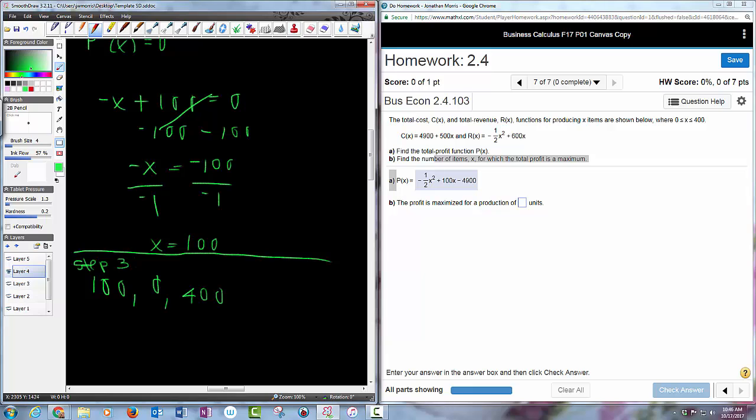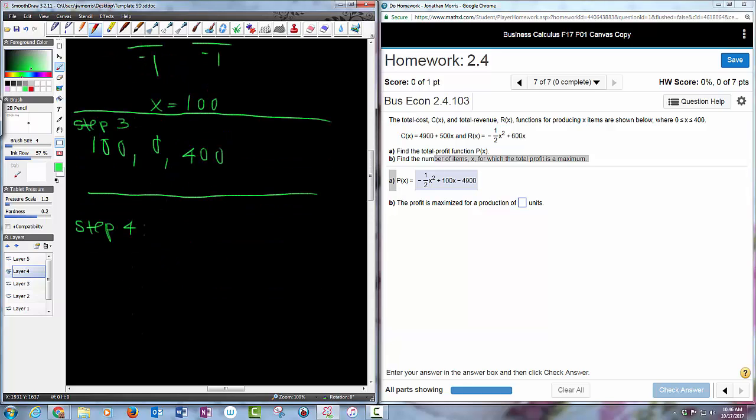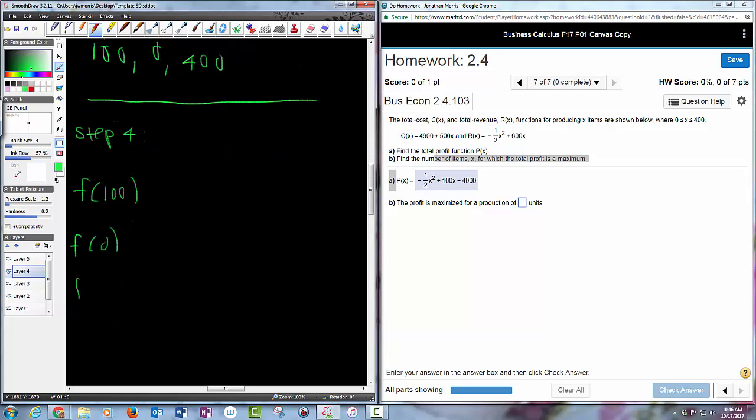Step 4 is to evaluate. So we're going to find what f of 100 is, and f of 0, and f of 400. I'm going to fill out the first one for you. Excuse me, I'm used to saying f of, it's actually P of, because our profit function was P of x.